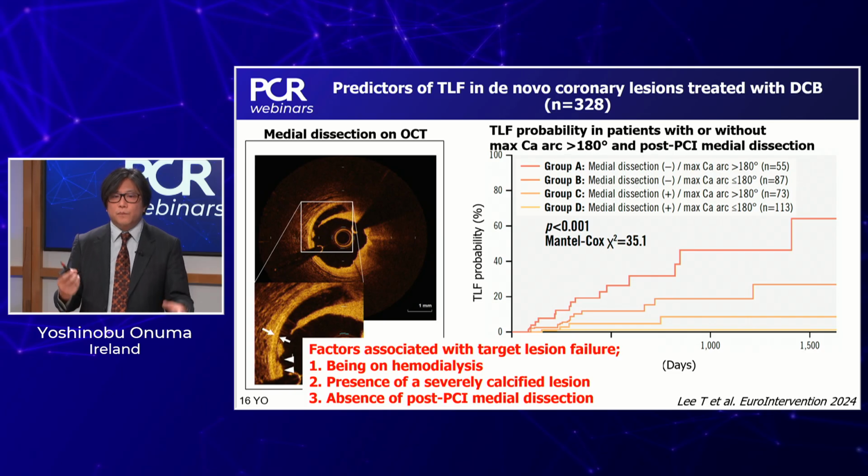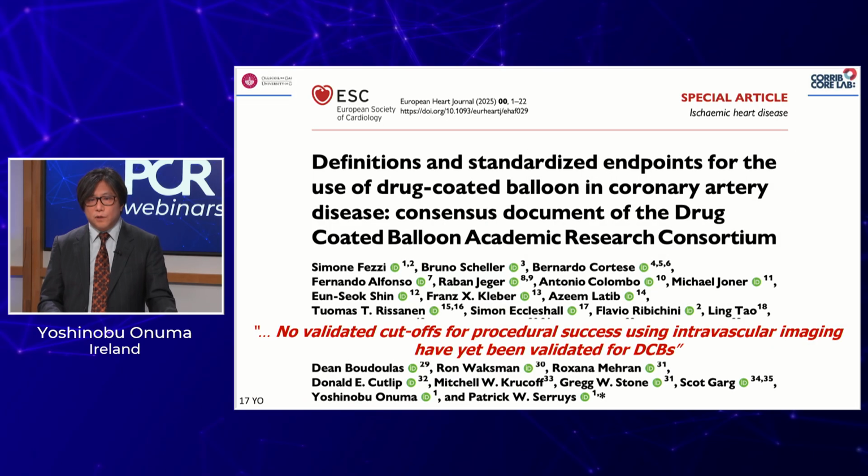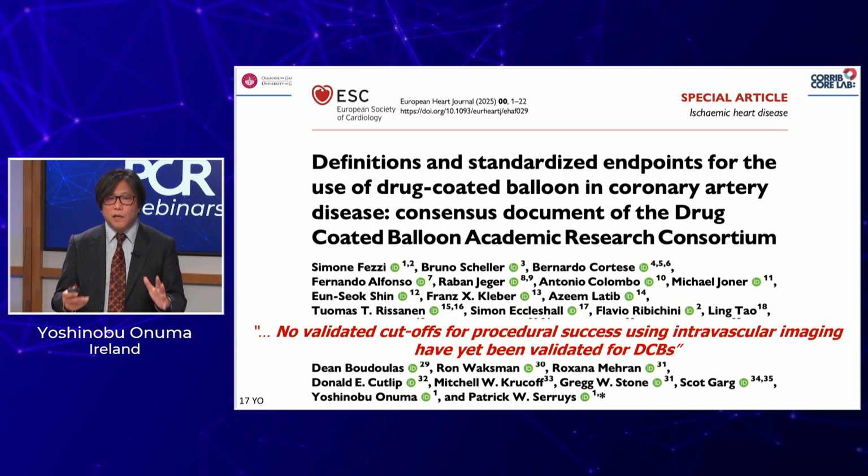That means that the presence of medial dissection on OCT is protective for clinical events. The recently accepted DCB consensus also mentioned that no validated cutoff for procedural success using intravascular imaging has yet been validated for drug-coated balloons.